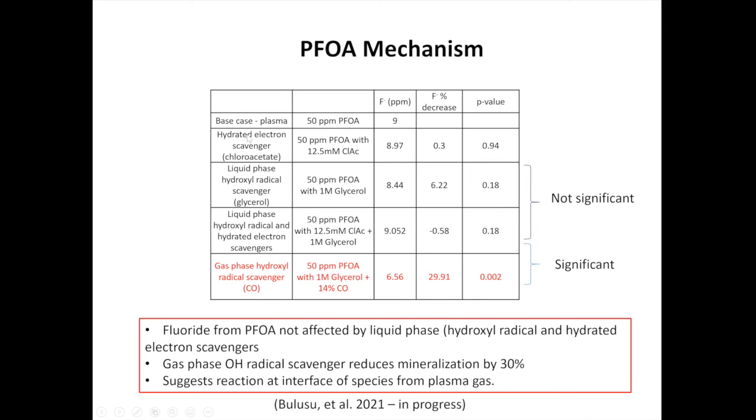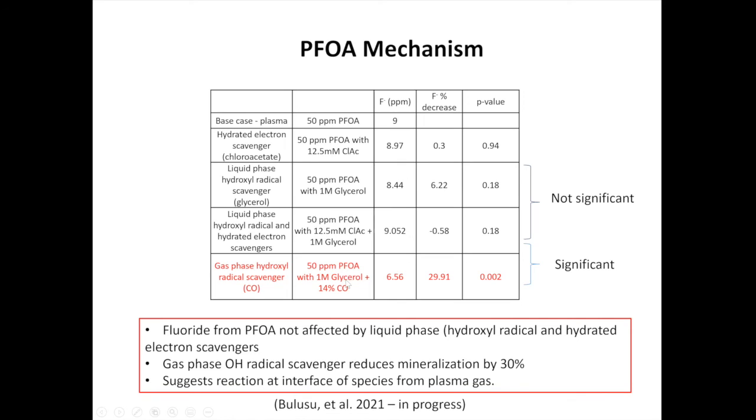So for example, a scavenger like the hydrated electron scavenger of chloroacetate, and also the OH radicals scavenger like glycerol. So we take those and add those to the system and look at how it affects the mineralization of the parent compound. We find that liquid phase scavengers do not significantly affect the fluoride production in the system, which means that it's not stopping the reaction of the plasma.